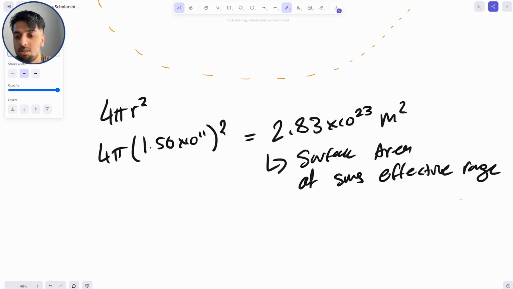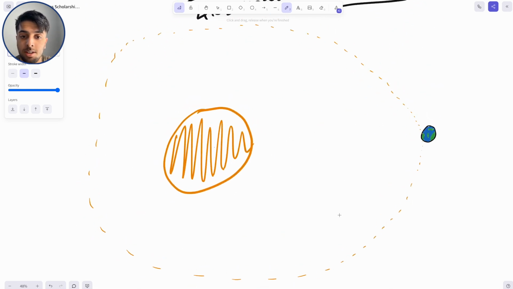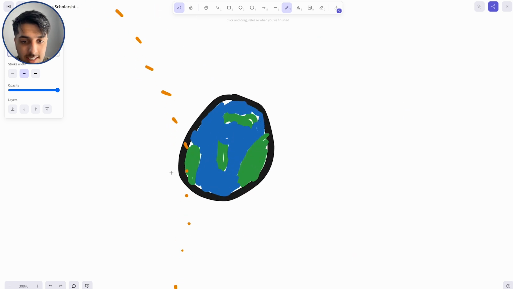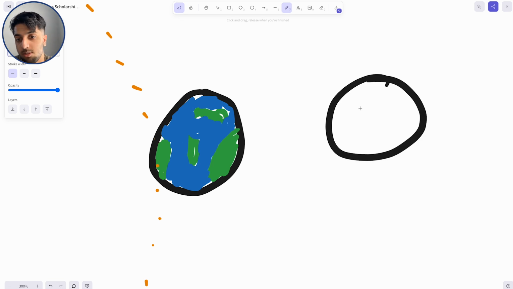Right? And so now we have the surface area that the entirety of the Sun covers, we are only interested in this little bit here, the part where the Sun crosses with the Earth. We're interested in this portion right here. And if you look at that from a frontal point of view, this is just the area of a circle.